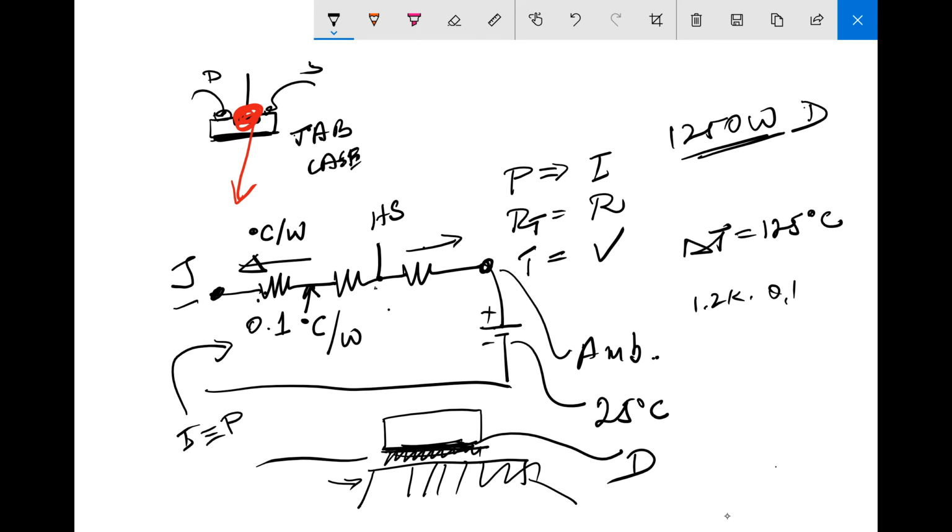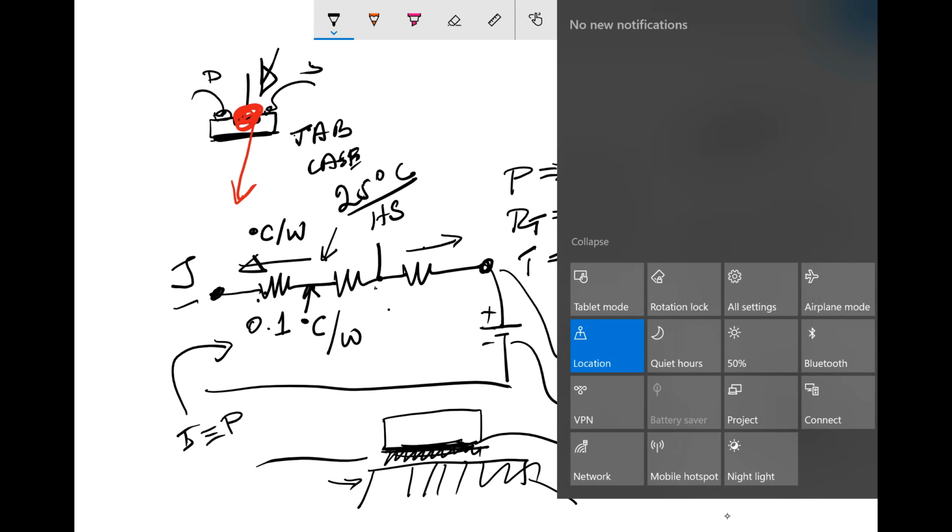Now, if this point is kept at 25 degrees centigrade, then you add 25, you get to 150 degrees centigrade, and this is the maximum permissible temperature of the junction here. We haven't seen it yet, but it is in the data sheet, believe me. So this is where this number is coming from.